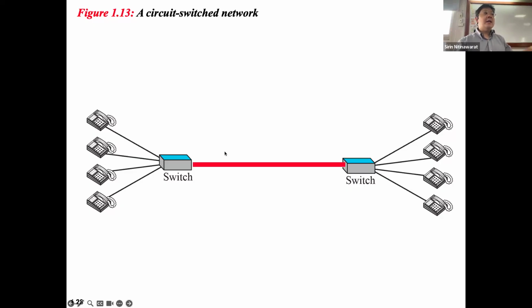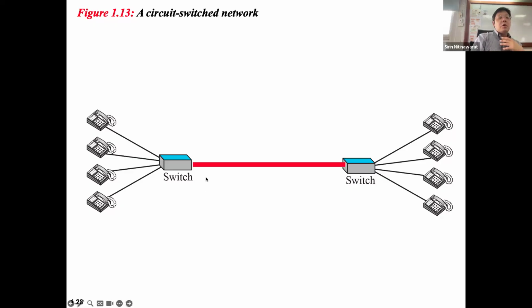Remember in circuit switching, even though there are two switches, the major difference between the switch for circuit switching and packet switching is that for circuit switching, the switch can only forward traffic. They cannot store any traffic.